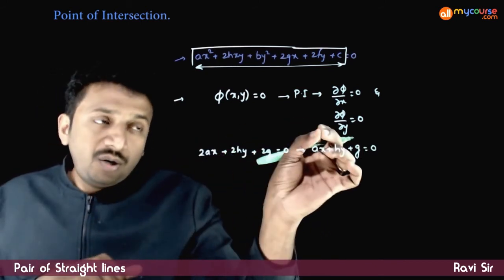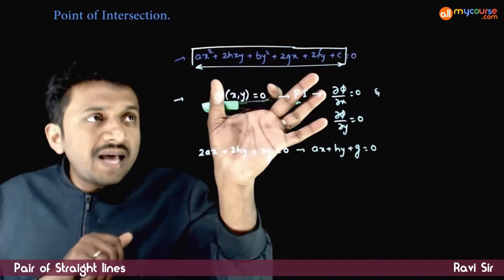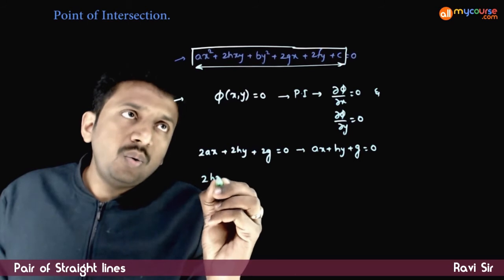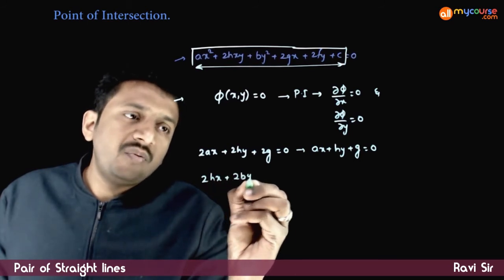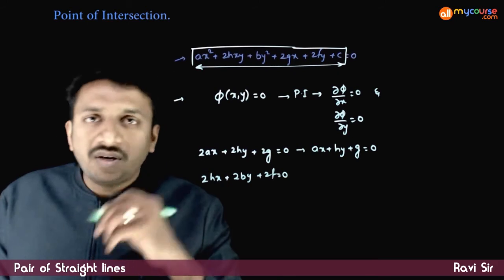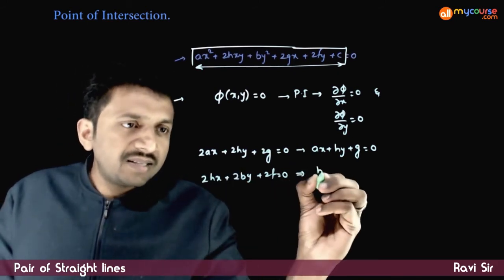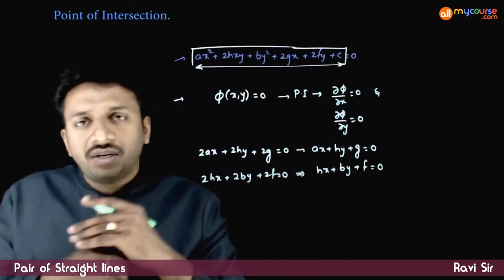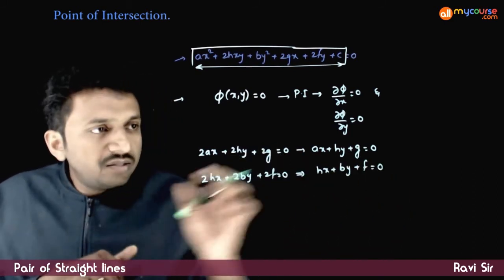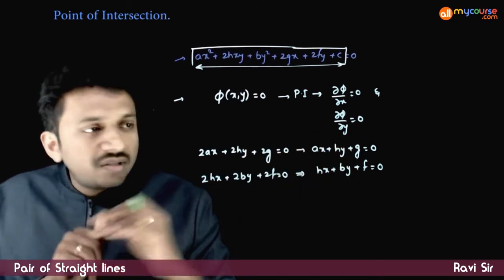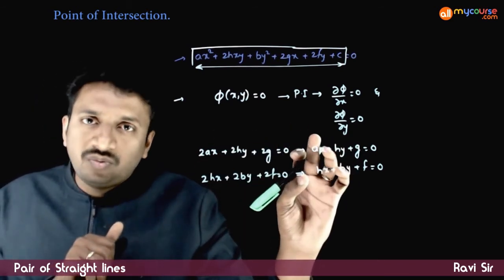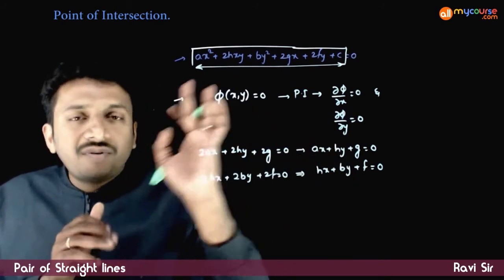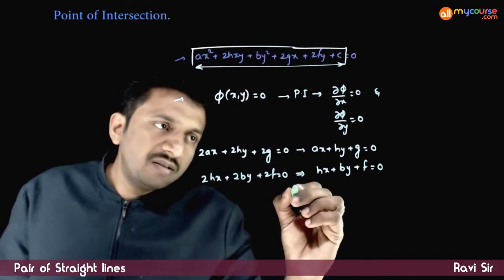Next, dou phi by dou y: if you partially differentiate this with respect to y, you get 2hx plus 2by plus 2f is equal to 0. This implies hx plus by plus f is equal to 0. If you solve these two equations, the point of intersection of these two linear equations is nothing but the point of intersection of these straight lines.